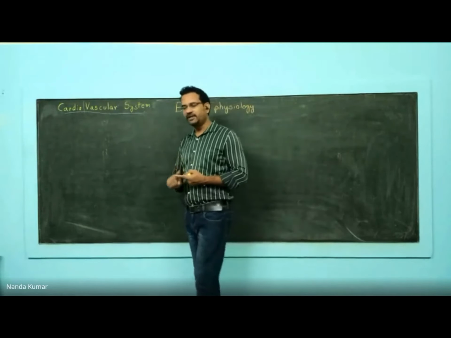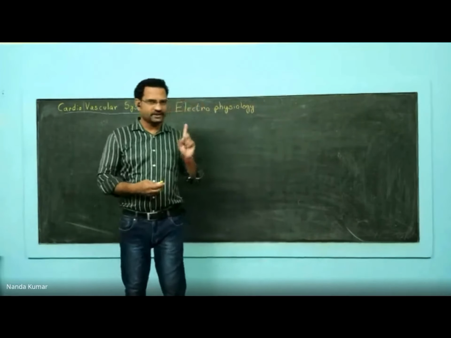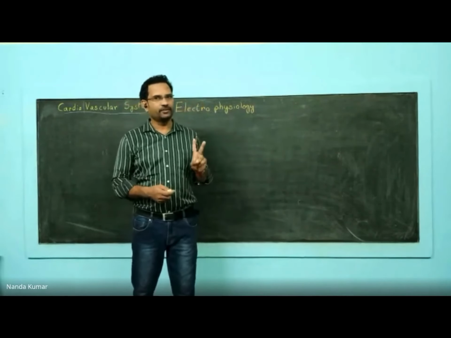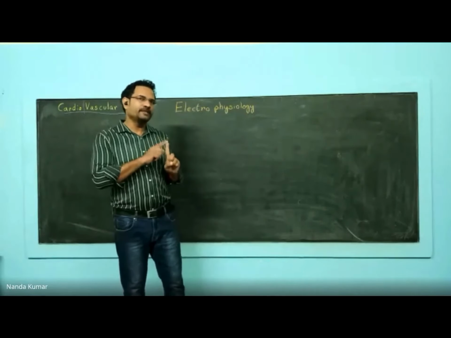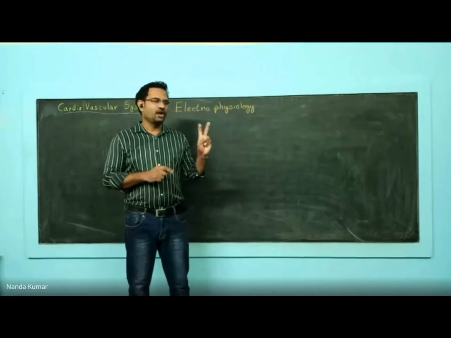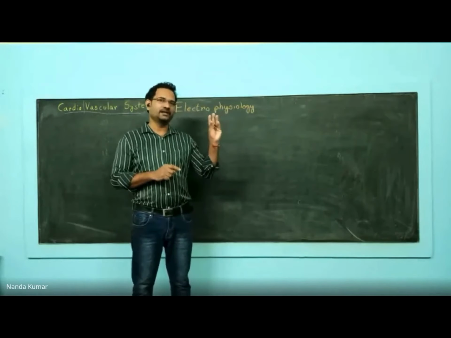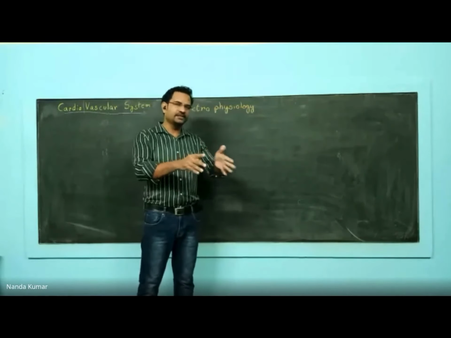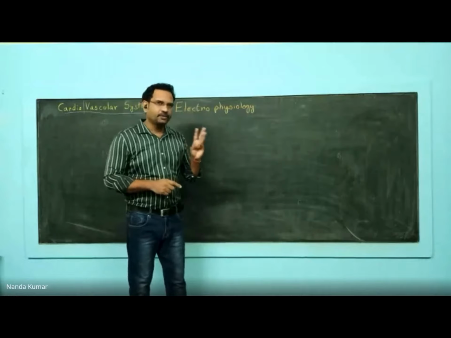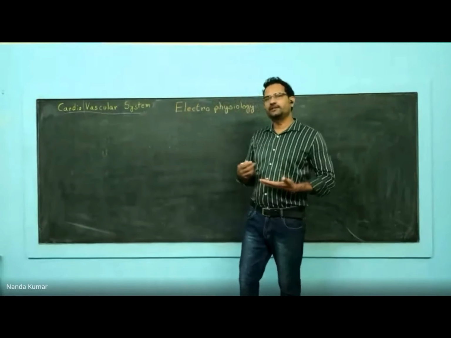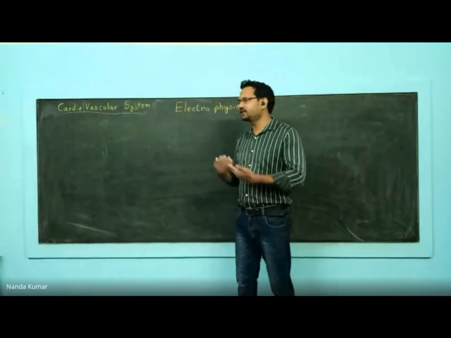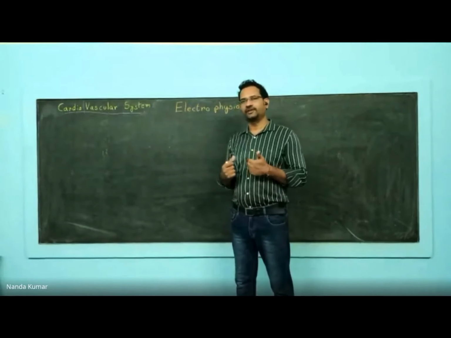Acting on beta receptors, they exert positive inotropy, positive chronotropy, positive dromotropy, positive bathmotropy. Inotropy means increase in force of contraction. Chronotropy means increase in heart rate. Dromotropy means increase in conduction velocity. Bathmotropy means increase in automaticity. This is how the beta receptors exert their actions on the heart and increase cardiac function.